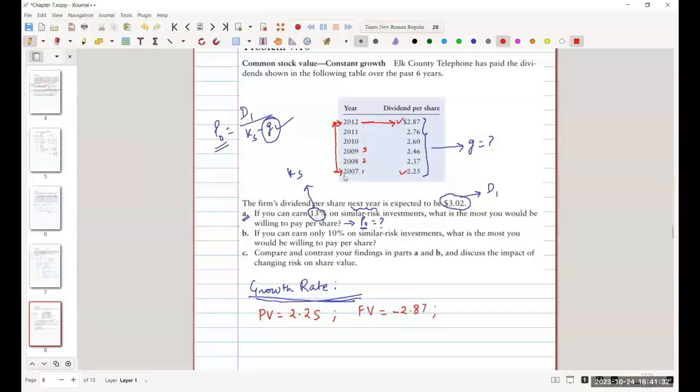So we are standing here, so this must be 0, this is 1, 2, 3, 4, 5 time periods ahead. So n is equal to 5.